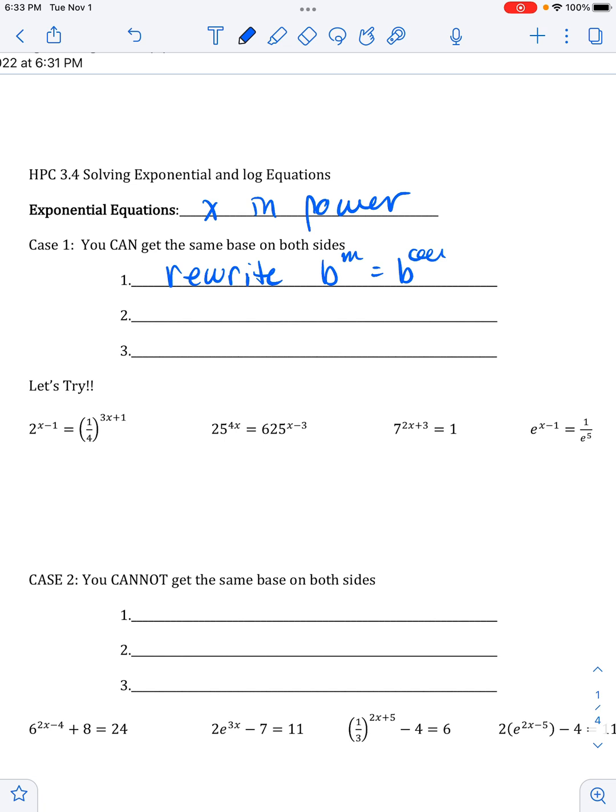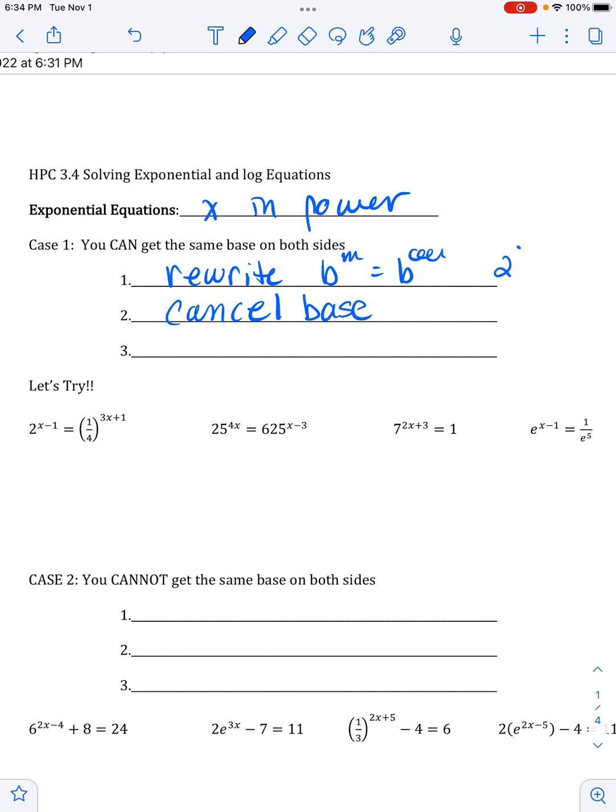Smiley face, sad face, whatever it is, just like the last quiz, you can't obsess about what it is because it doesn't matter. You're just getting the bases the same. And if the bases are the same, the only way those 2 statements can be the same is if the power equation is the same. So you're just going to go ahead and cancel the base.